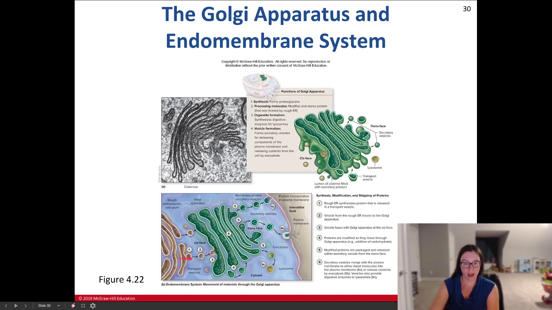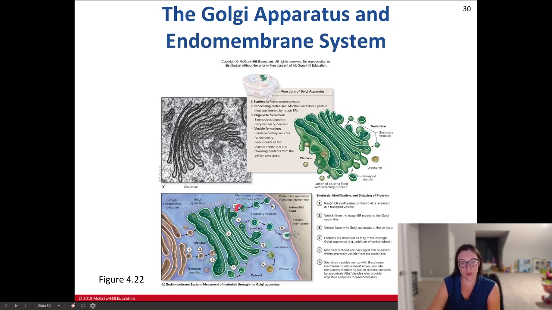It receives the packages from the rough ER, modifies those proteins, and sorts them, and the trans face ships them out. These secretory vesicles merge with the plasma membrane to release those proteins outside. This is called vesicular transport, and we're going to talk more about it in lecture when we cover plasma membrane regulation of materials moving into and out of the cell.